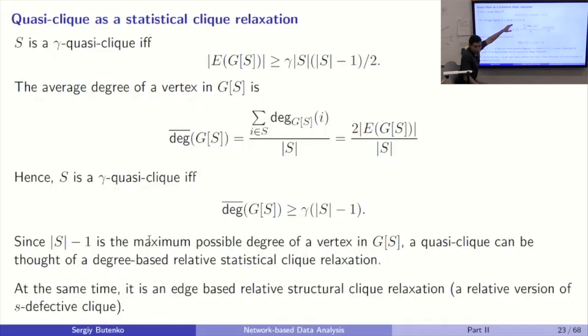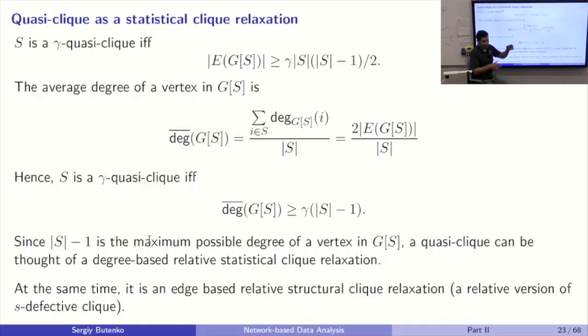The definition of a gamma quasi-clique is what? The number of edges is greater than or equal to gamma times the maximum possible number of edges, right? Now, if you look at the average degree of a vertex, how is it defined? The average degree of a vertex in the induced subgraph is the sum of all the degrees divided by the number of vertices, right?